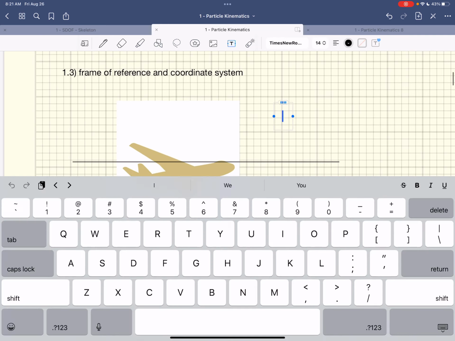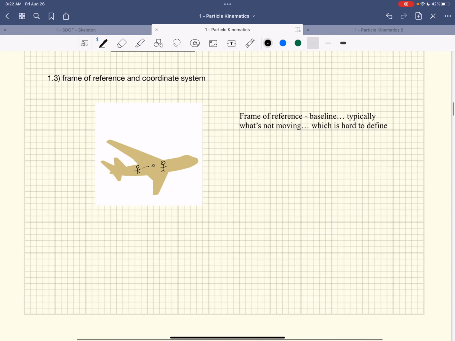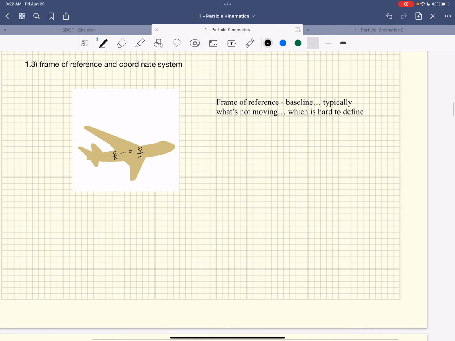So this is an airplane. I used to draw an airplane. Now I've extracted this, and say I'm on that airplane, playing frisbee with my son. One of my sons. We're throwing a frisbee back and forth on that airplane. What do I choose as my frame of reference? If I'm on the airplane and I'm traveling through the air, I would choose the airplane as the frame of reference.